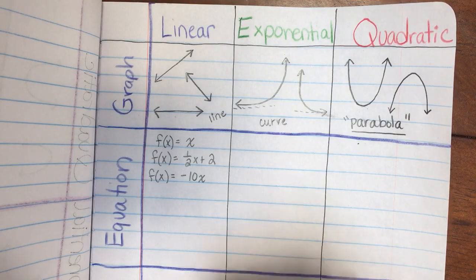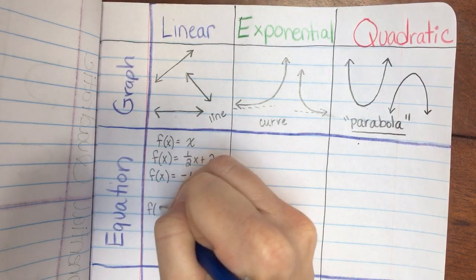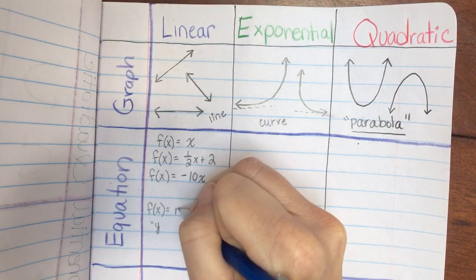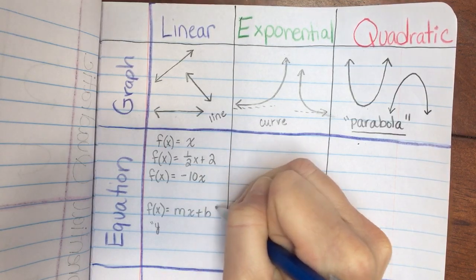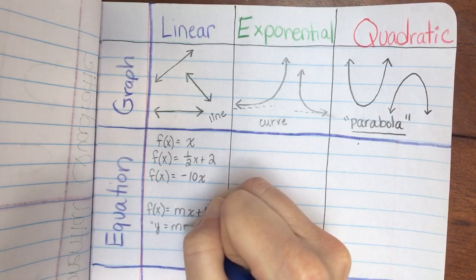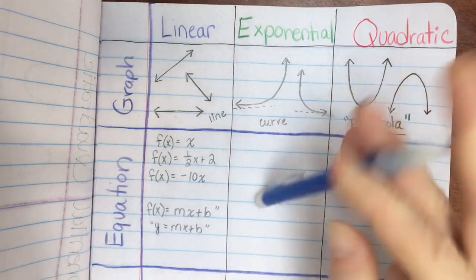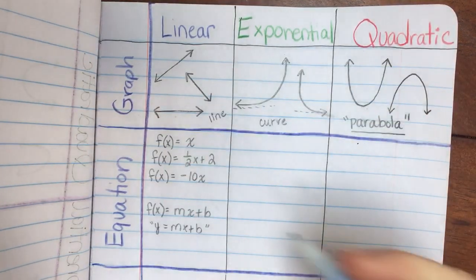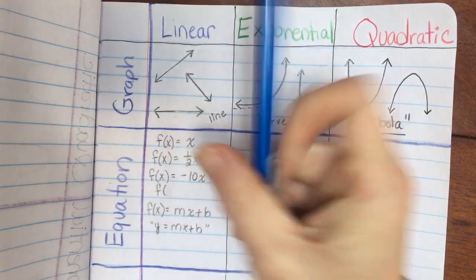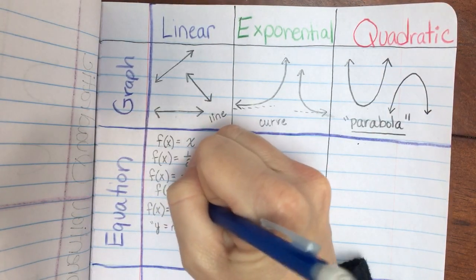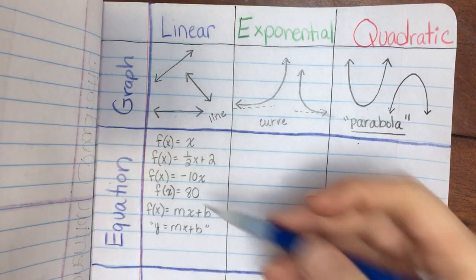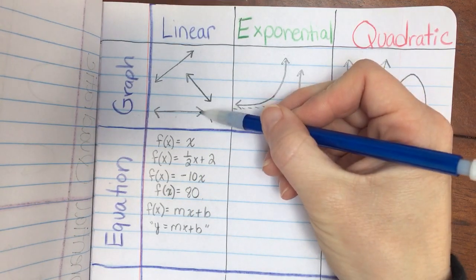Most lines are in the format of, I'm going to write f of x, but remember f of x just replaces the y: y equals mx plus b. We can add that too. We can also put in f of x equals something like 80, a constant. That would be a flat line, or a horizontal line.